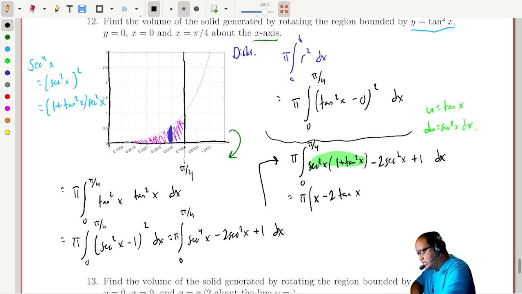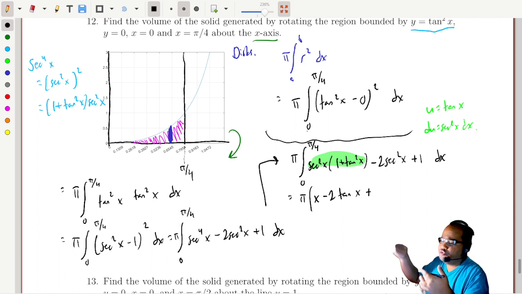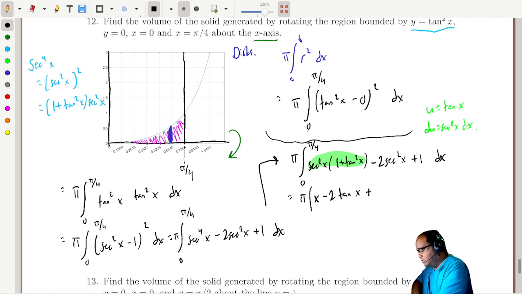When you do that, that last term will become 1 plus u squared, so that'll become u plus u cubed over 3. And u, remember, was tangent: tangent x plus tangent cubed x over 3.